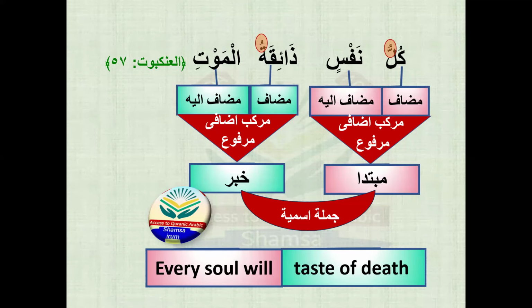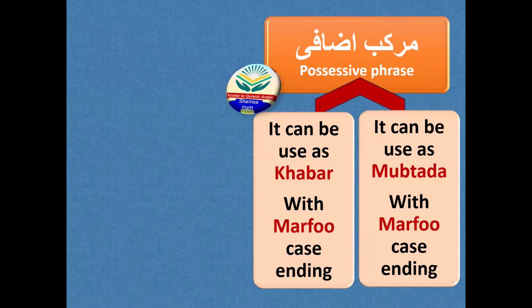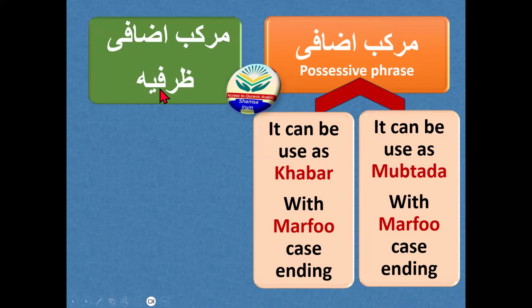Okay, now as you already know, when we are learning Murakab Izafi, we also learn Murakab Izafi Zarfiya, meaning some adverbs that we use as a possessive phrase. But they are different from the normal Murakab Izafi. Why are they different?